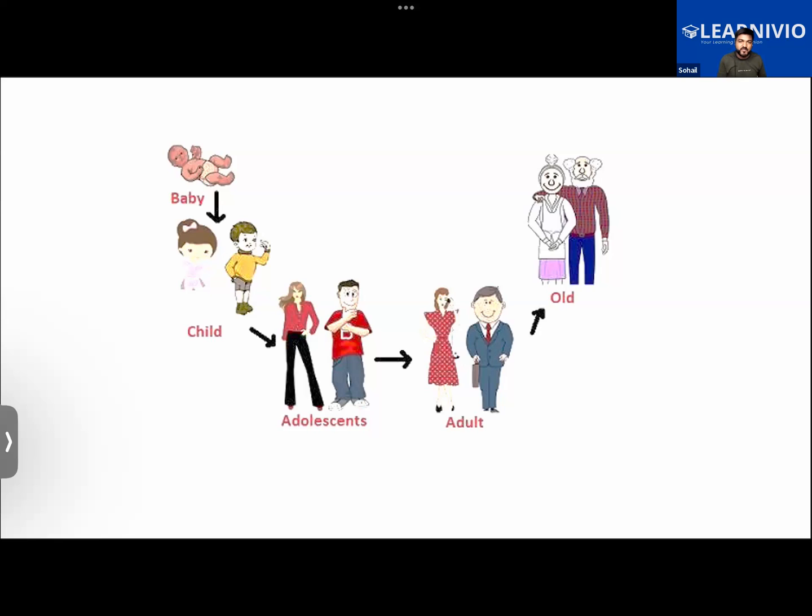Some of the changes will be common for both the boys and the girls. Like height of boys and girls, both of them will be increasing. Initially, the height of girls increases at a faster rate as compared to boys. Then their height increases, muscle mass increases, but the manner of distribution of fat and muscles in girls and boys is different.